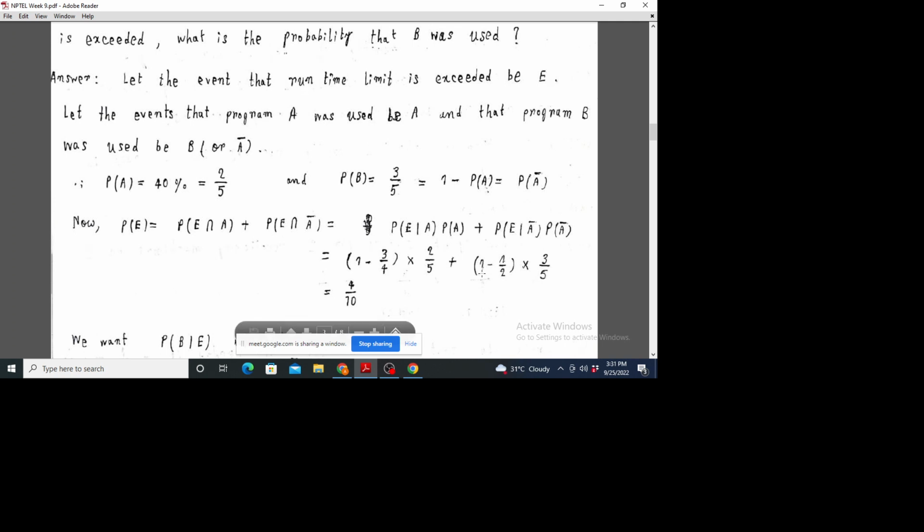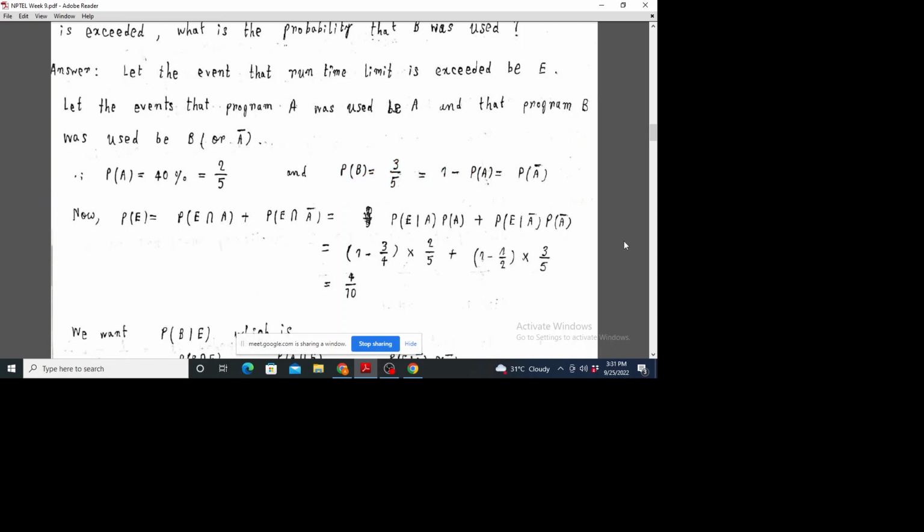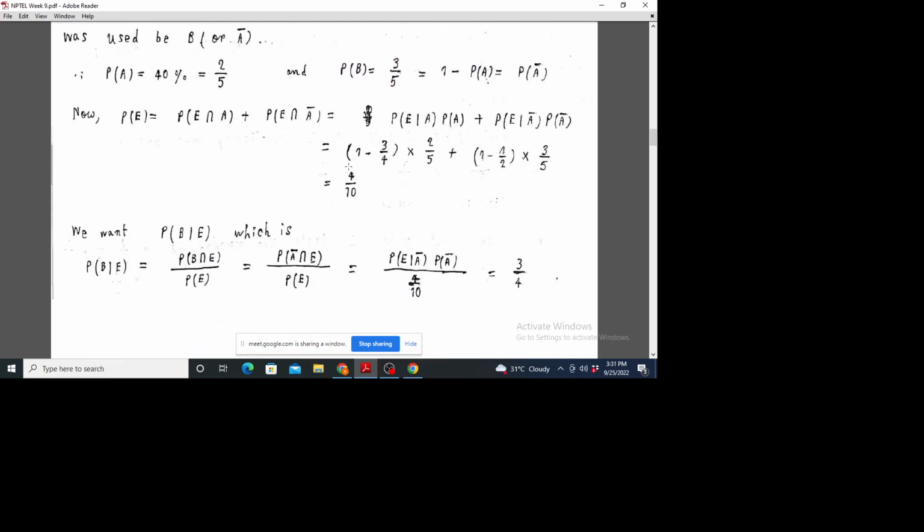So that is why we do 1 minus that 50% and multiply that by the probability of the occurrence of the event B, which is 3 by 5. So add them up, and you will get the probability of occurrence of the event E is 4 by 10. This is the total probability that the time limit is exceeded.